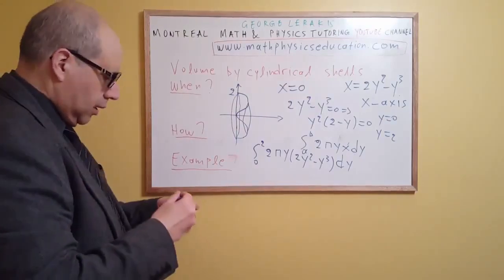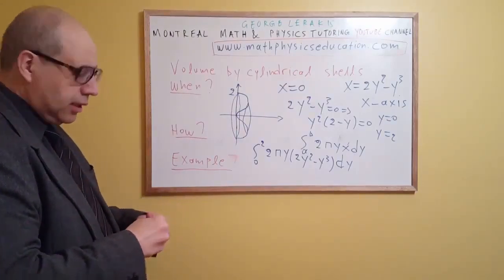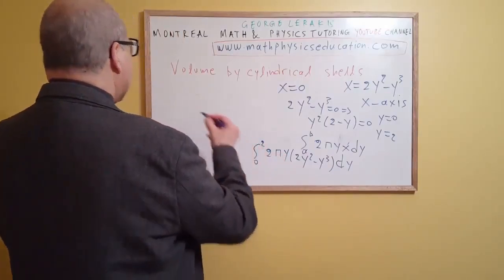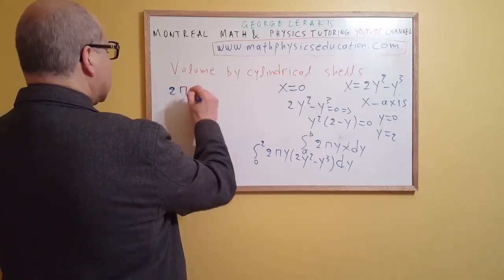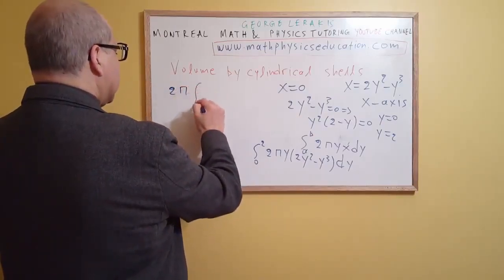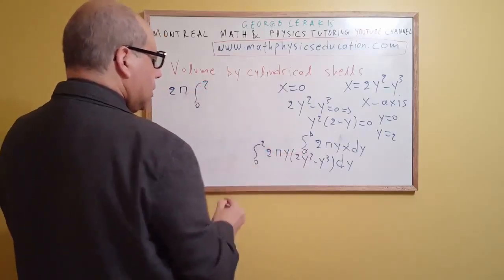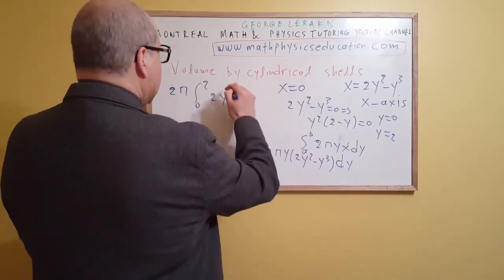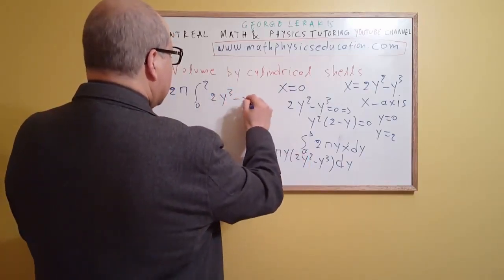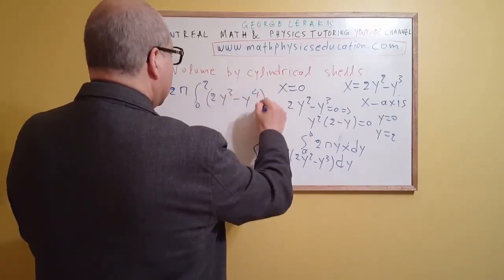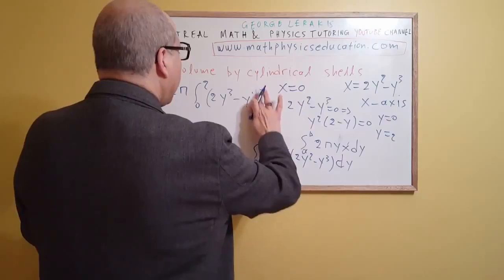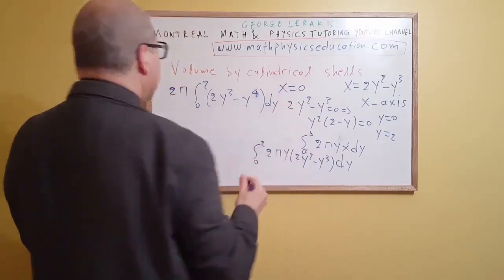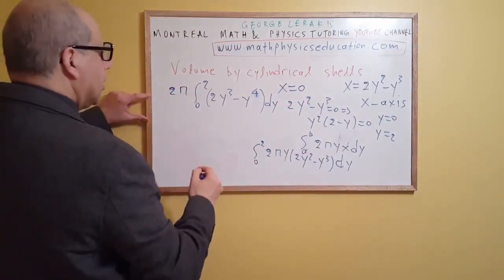So we have to find this integral here. We can remove the 2 pi outside of the integral since it's a constant. So it's 2 pi from 0 to 2, and if you do the multiplication, you will have 2y to the third minus y to the fourth dy, and that's a pretty simple integral.